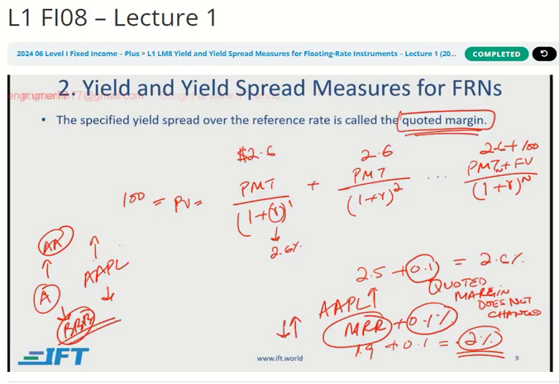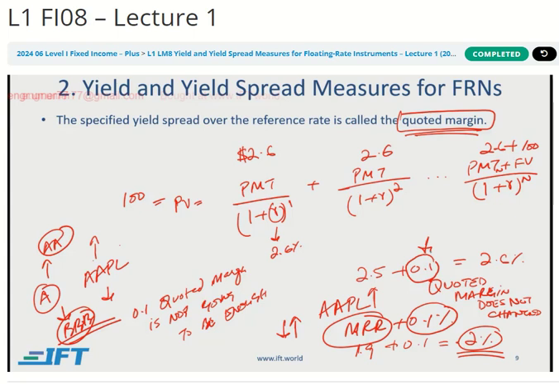If the rating goes down, the 0.1 quoted margin is not going to be enough, because people will see, oh, this is a more risky company. We want a higher premium. We want a higher margin. We want a higher default risk premium on top of the benchmark, right?